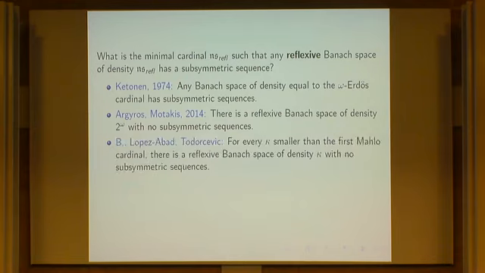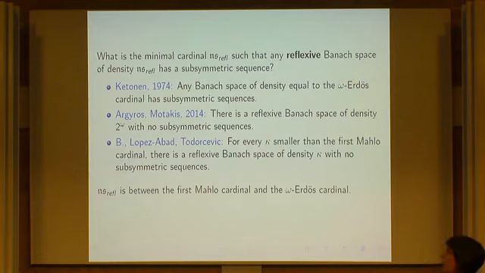My purpose here is to present the result we got: for kappa smaller than the first Mahlo cardinal, there is always a reflexive Banach space of density kappa with no subsymmetric sequences. I will present it in the way we got it, first going to the inaccessible and then turning to the Mahlo. So far what we know is that this cardinal is between the first Mahlo and the omega Erdős cardinal. This is what we get from this list of results.